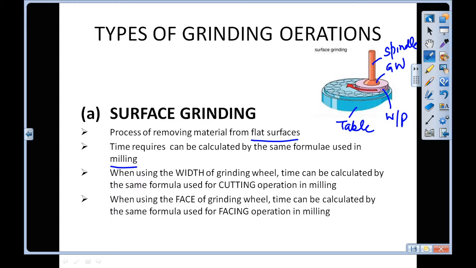We have taken two cases in milling. The first, when using the width of the grinding wheel, time can be calculated by the same formula used for the cutting operation in milling, and when using the face of the grinding wheel, time can be calculated by the same formula used for the facing operation.